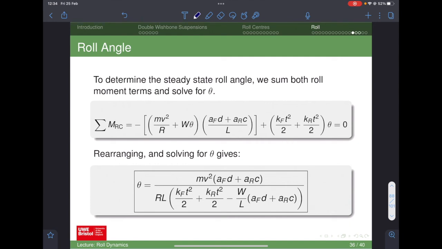That's your spring force, or your roll stiffness in a sense, and then subtracted on W divided by A. So once you've got those bits of data, you can find the steady state roll angle.